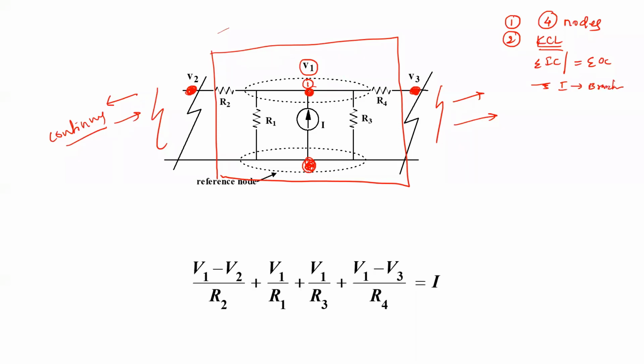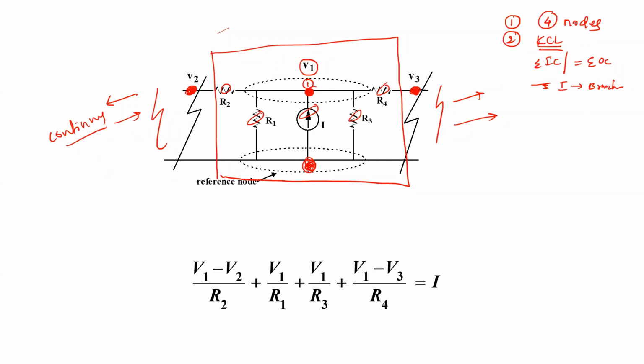So how many branches are connected to node 1? I say 1, 2, 3, 4 and 5. Hopefully you have understood it. There are a total of 5 branches.